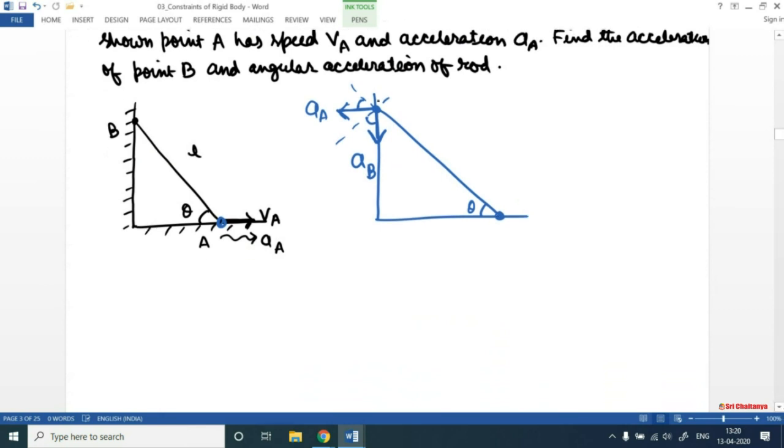Now let's try to use the acceleration constraint equation. The centripetal acceleration of this point B would be simply the component of AB along this direction.